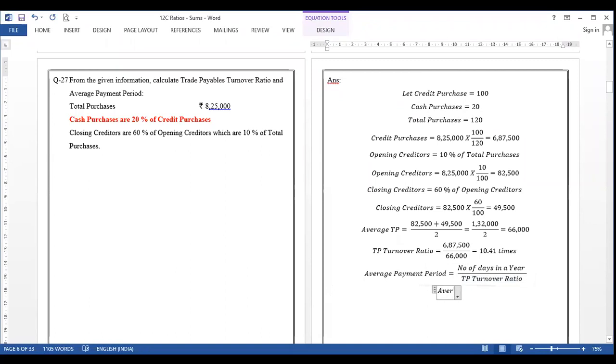Average payment period is equal to number of days in a year, 365, to be divided by trade payables turnover ratio, 10.41 times. That is 35 days. Okay, let me take it as 35 days. So I'm done with this particular sum as well.